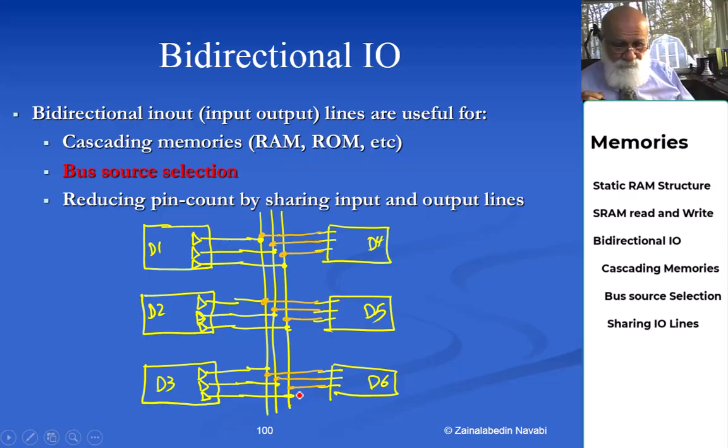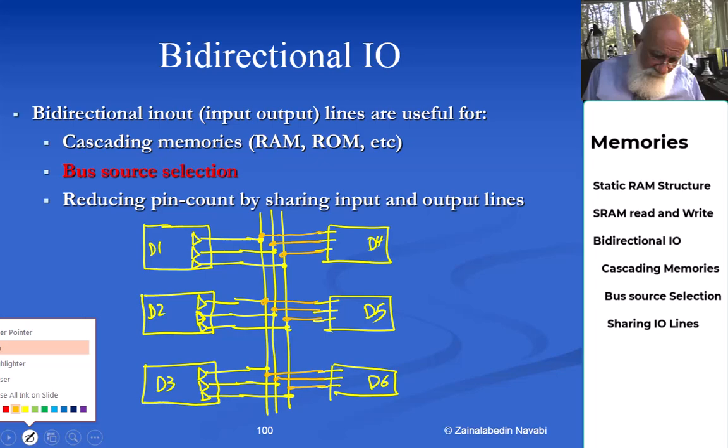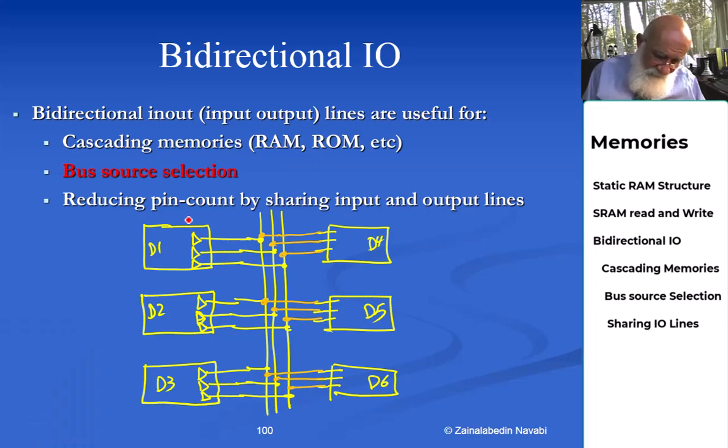Okay. And then I have a select line for each of these bus devices. Select device 1, select device 2, select device 3.